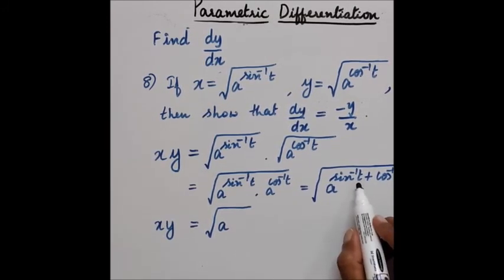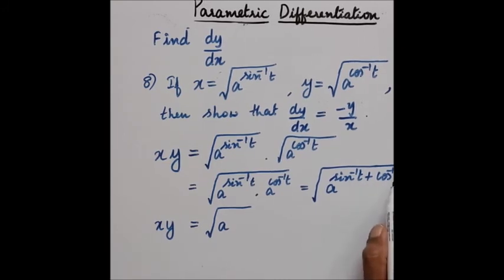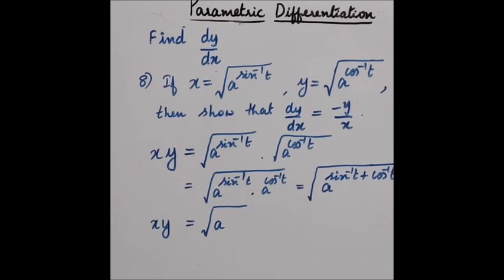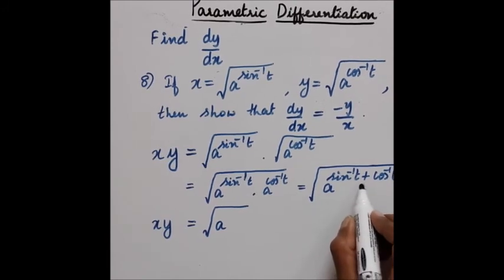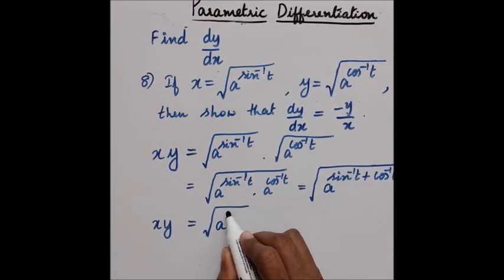This is one of the standard results in inverse trigonometric functions, which we are going to study in detail in the inverse trigonometric function chapter. So remember, the result goes like this: sine inverse t plus cos inverse t is equal to pi by 2.